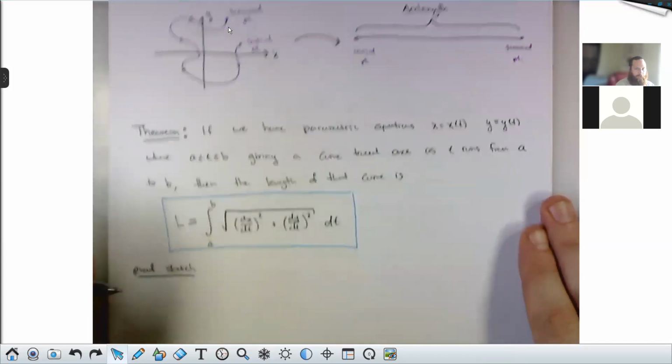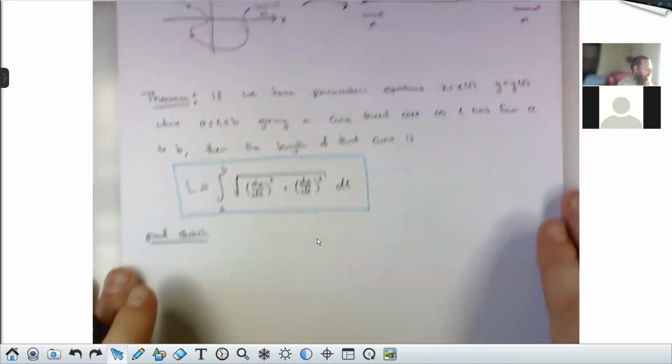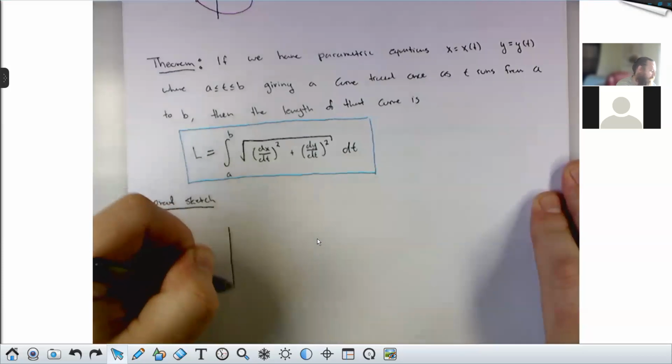When you look at the thing we're integrating here, this kind of looks like a Pythagorean thing, right? Like a squared plus b squared equals c squared, but solved for c. And it is. It's precisely that. So let me draw nice and big down here.